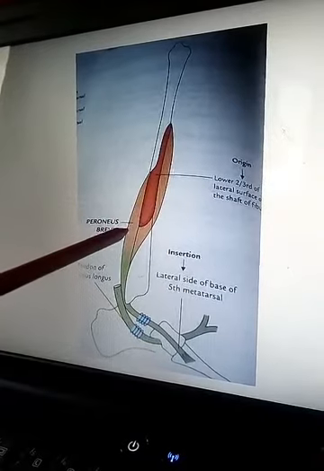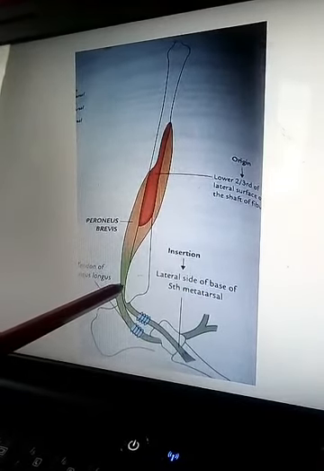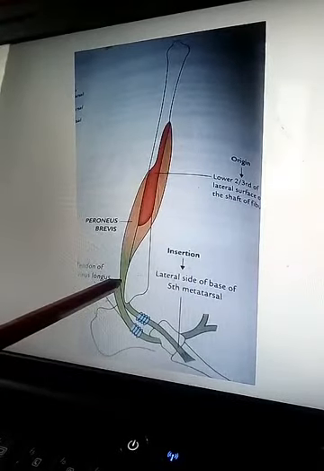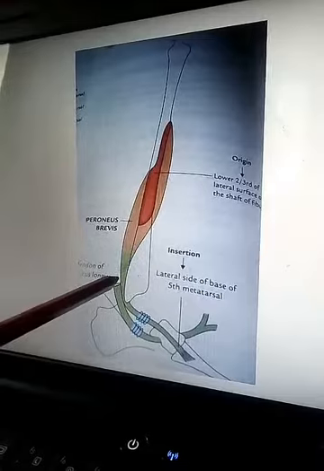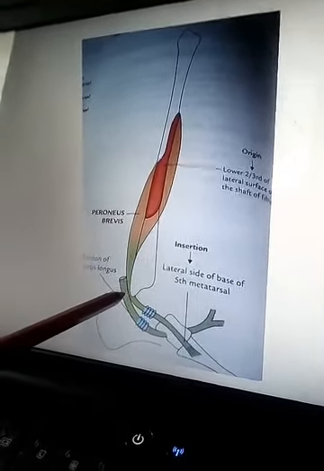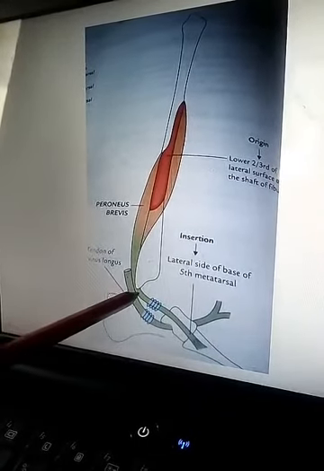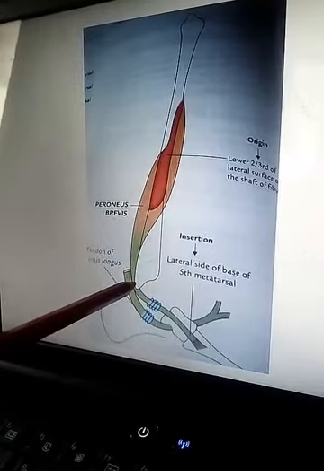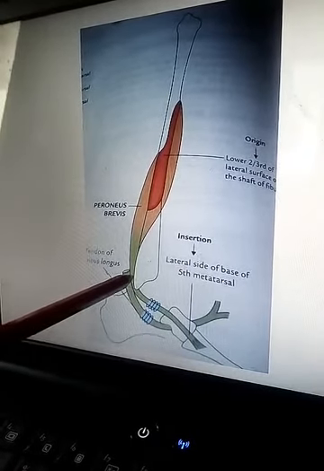The muscle converges to form a tendon which passes behind the lateral malleolus underneath the superior peroneal retinaculum. It lies in front of the Peroneus longus in a common synovial sheath. Then it passes downwards and forwards above the peroneal trochlea of the calcaneum underneath the superior belly of the inferior peroneal retinaculum.